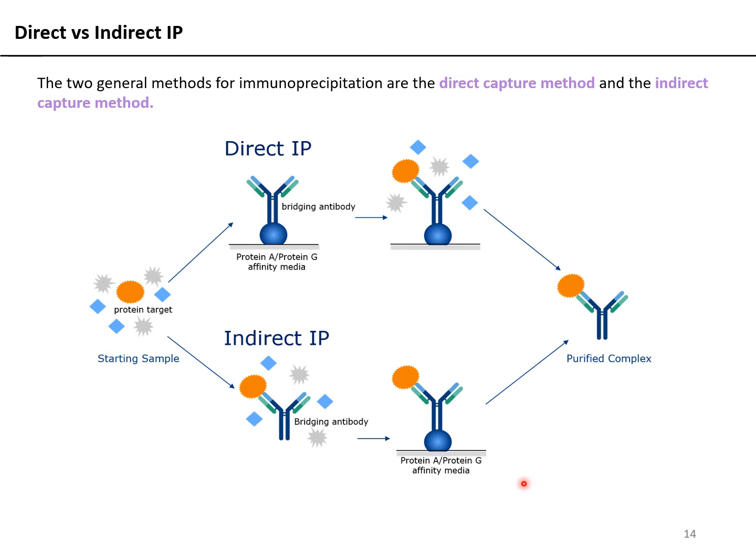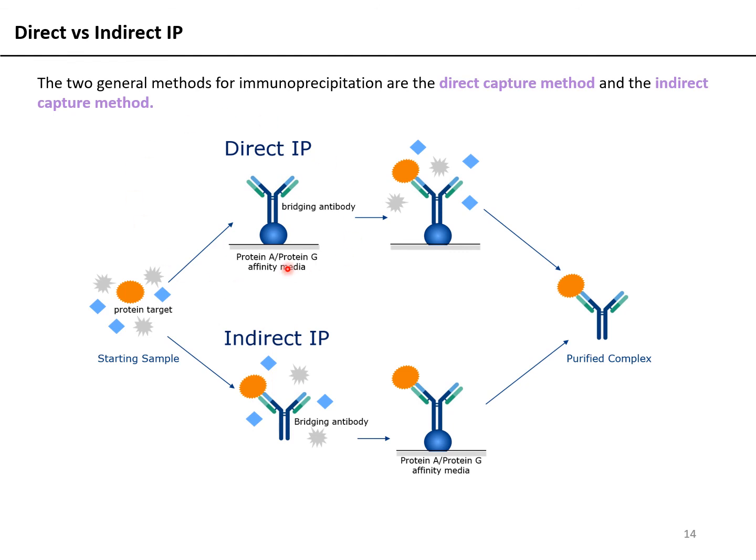The schematic will help make it much more clear. In case of direct IP, you add antibodies that are already conjugated to the beads. And in case of indirect IP, you first allow the antibody to interact with the protein of interest in solution, and then you add the beads. All the schematics that we covered so far in this lecture in the earlier slides were examples of indirect IP, where you first allowed the antigen-antibody interaction to take place and then added the beads.